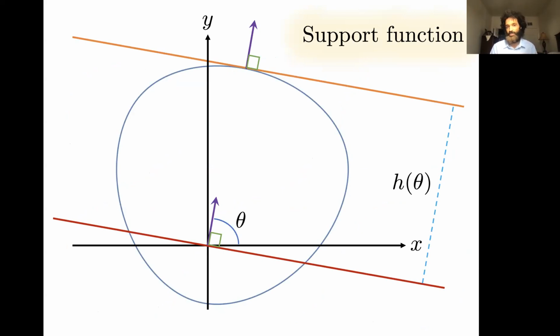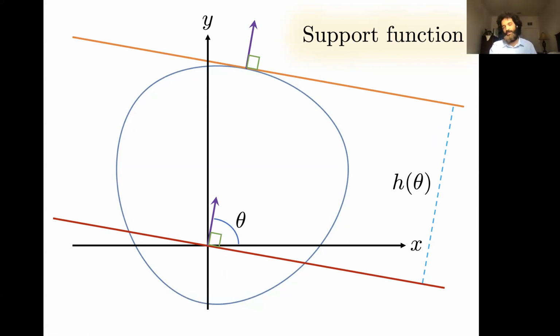If the origin is in the interior of the curve, then for any given direction determined by theta, I can look at the distance from the origin to the supporting line whose outward normal is given by theta, the unit vector that makes an angle theta with the x-axis. So that's this distance right here, h of theta.